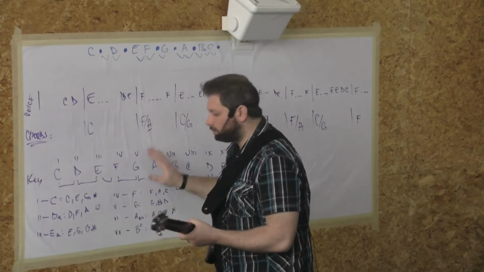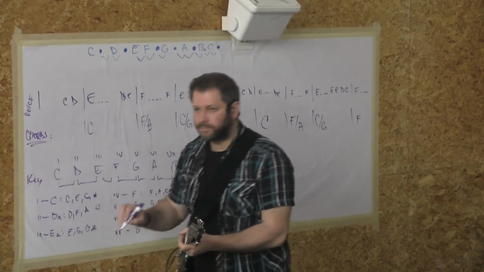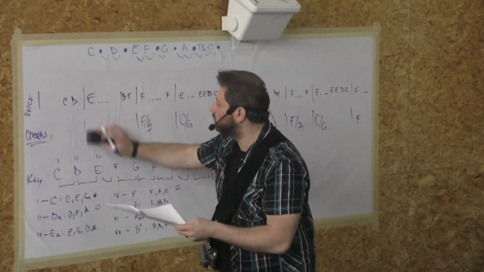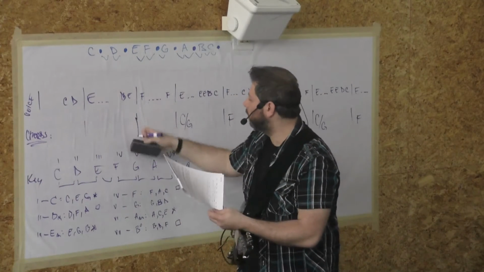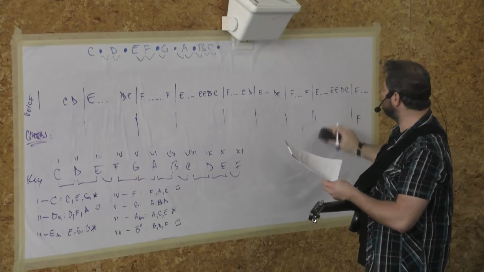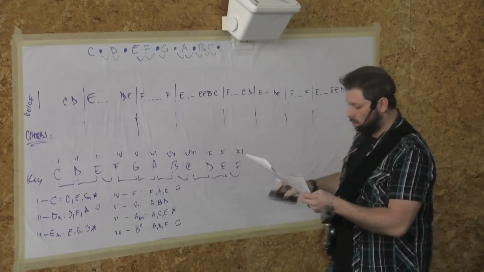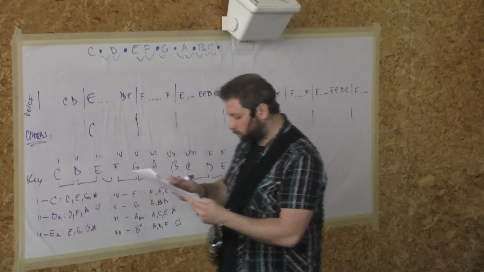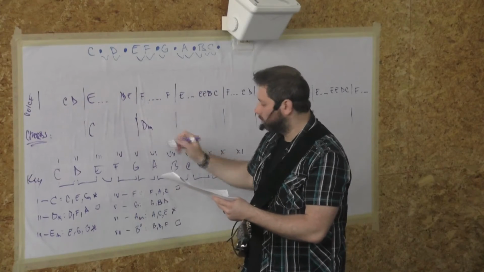Now, just for the sake of it, I'll give you a sequence, just so you can hear how it sounds, to see that you can get out of the box a little bit. So I just started with C, and then I did a D minor.